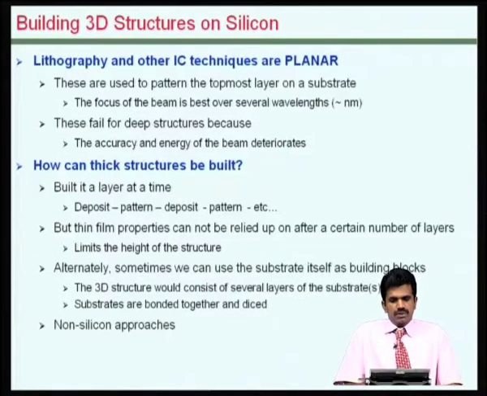You have to remember that when you have multiple thin films, their properties could be different. So, the choice of materials used in these multiple thin films is critical in realizing such structures for microsystems applications.